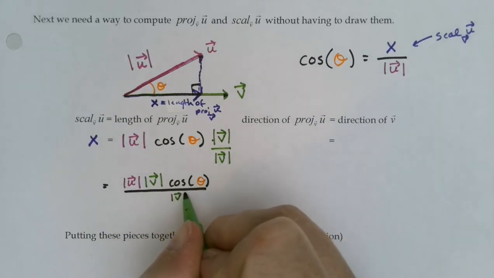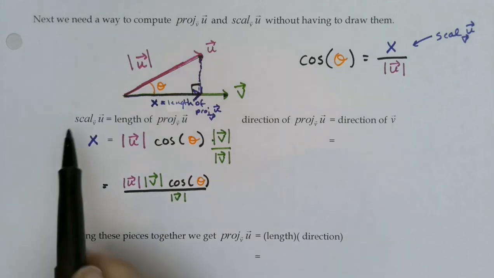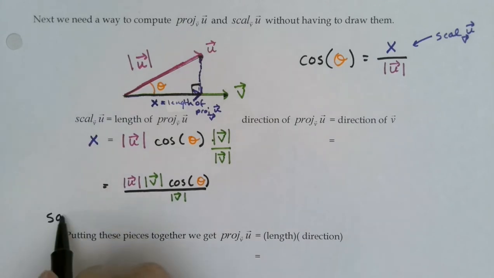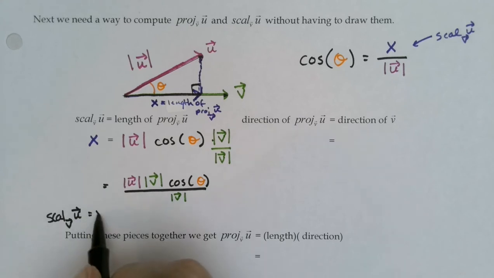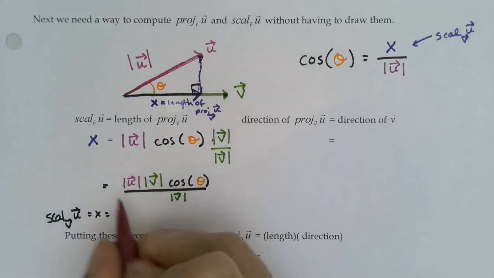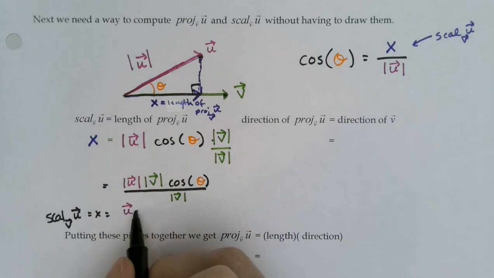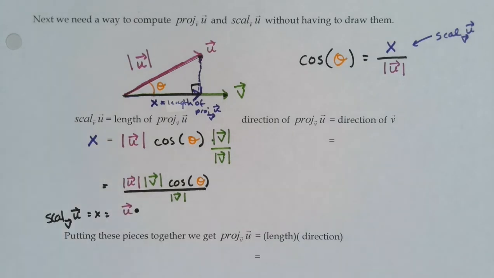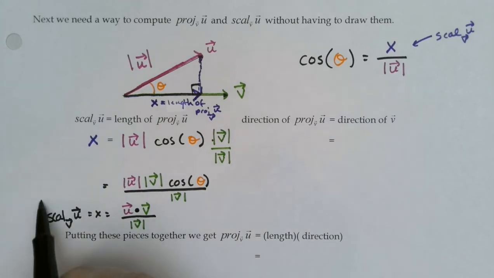So what we've just learned is that the scalar of u onto v, which is x, is equal to the dot product of u with v divided by the magnitude of v, because that entire numerator is the definition of the dot product.